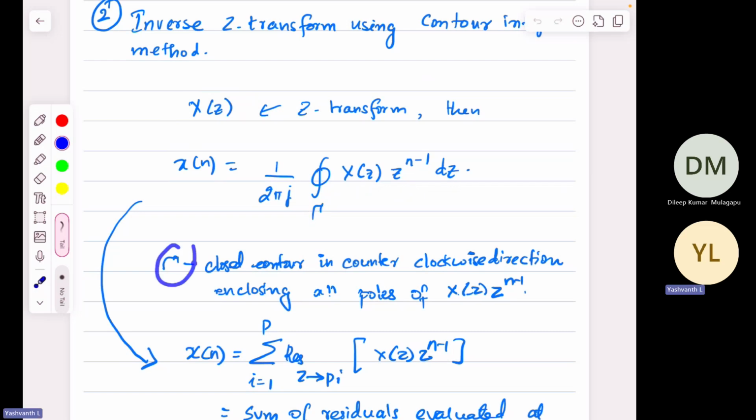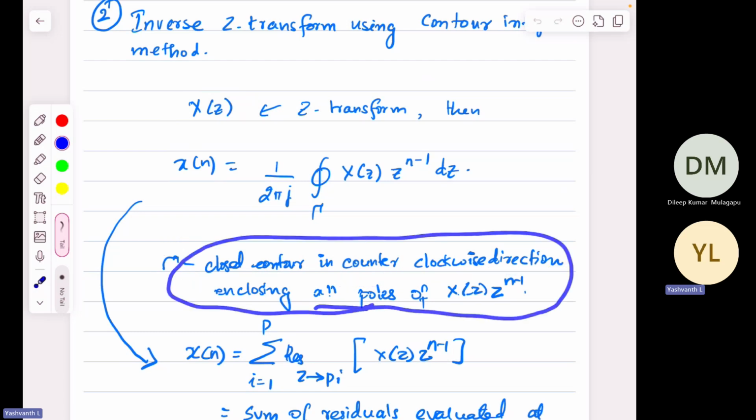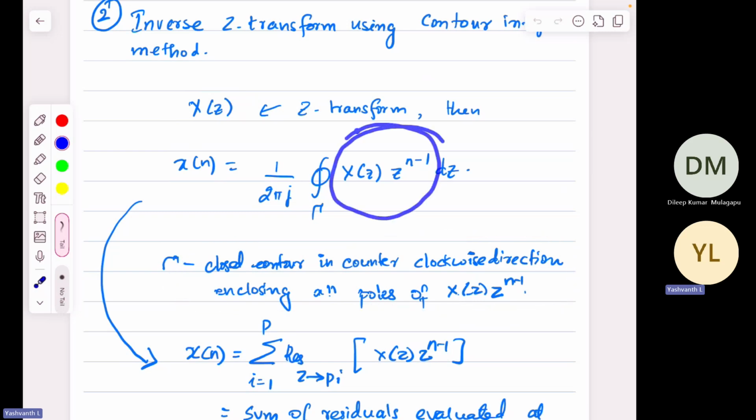Okay, here gamma is basically a closed contour which is measured in the counterclockwise direction, and this contour should enclose all the poles of the function X of z into z power n minus 1. That is, whichever complex function you're integrating, the poles of that function should be enclosed within the contour over which you're integrating. Okay, this is basically the method of contour integration.